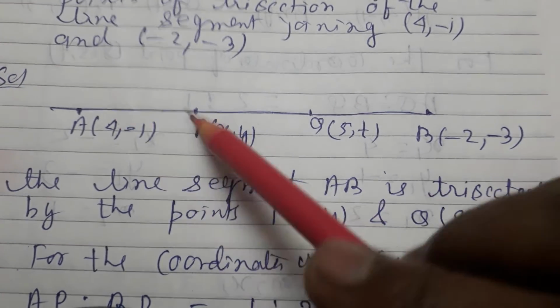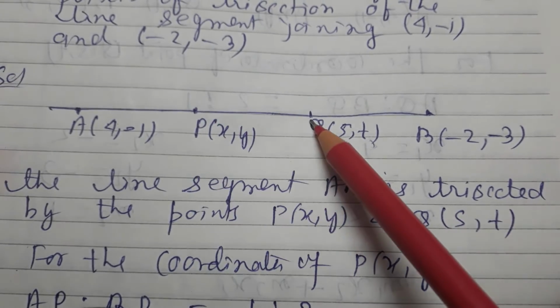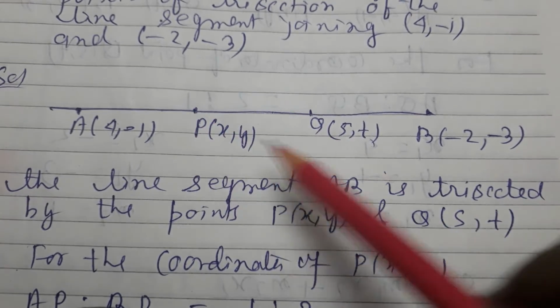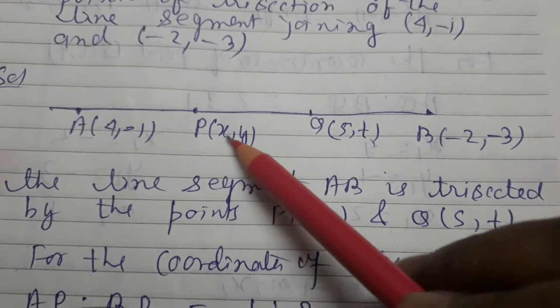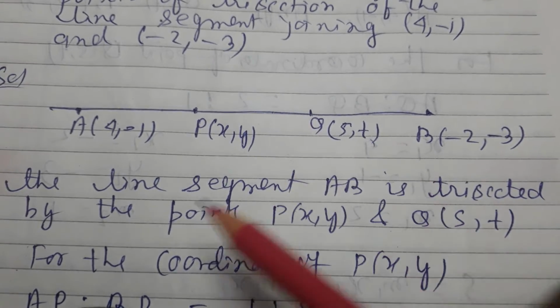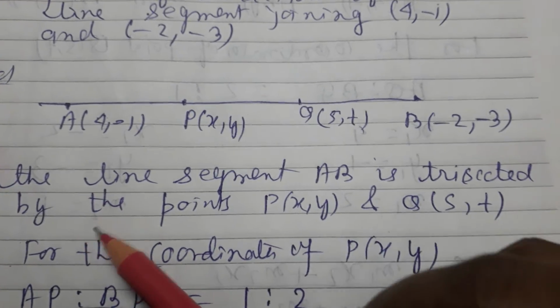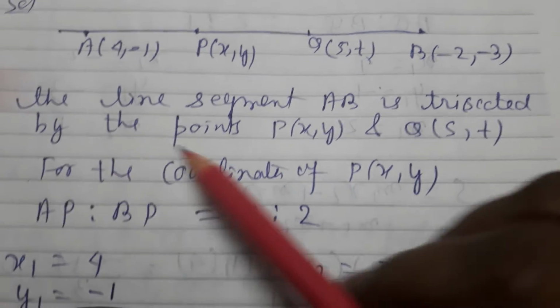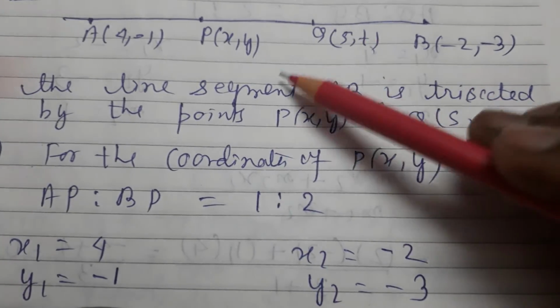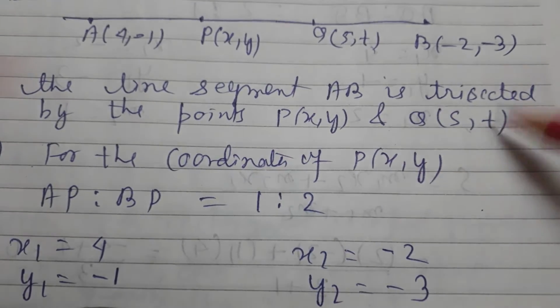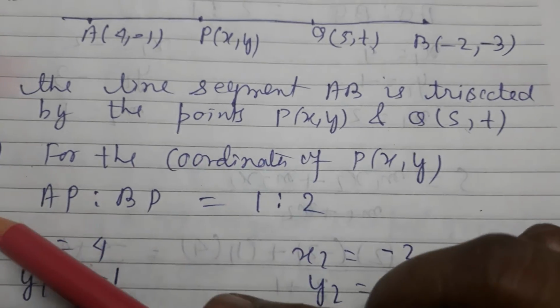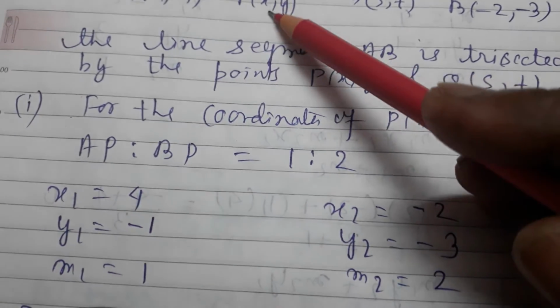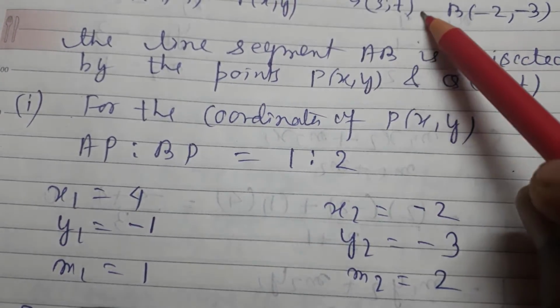It is trisected, that is, 2 points should be taken here, P and Q, whose coordinates are taken as (x, y) and (s, t). Now the line segment AB is trisected by the points P (x, y) and Q (s, t). Like question number 1, because you have to determine (x, y) and (s, t) both.